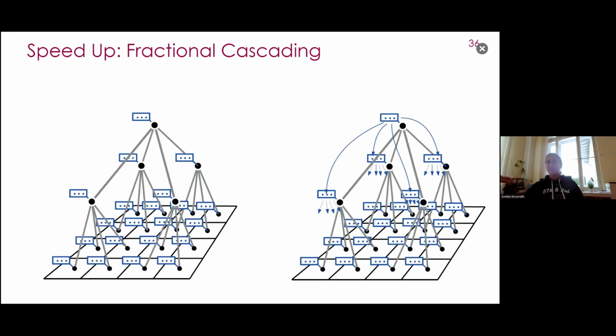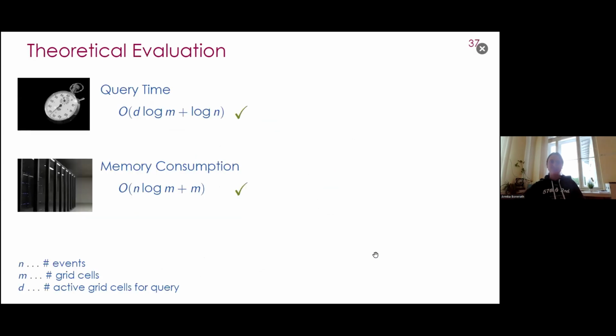Something else that I did during my PhD was that I added fractional cascading to this data structure. It might be very technical, so I will not go into detail, but it's another data structure that we can add to improve the query time. We performed a theoretical evaluation.